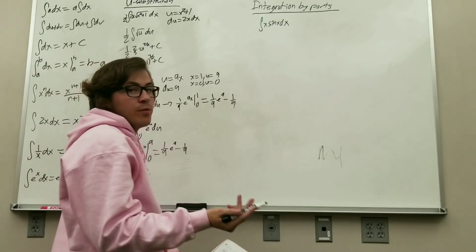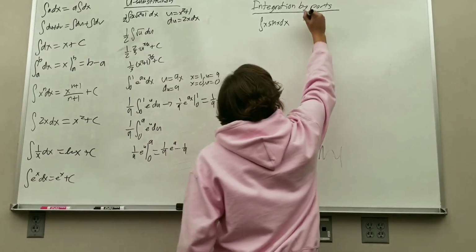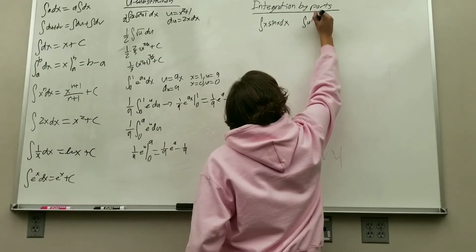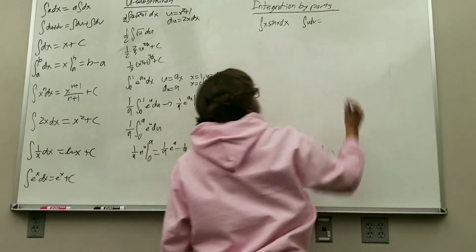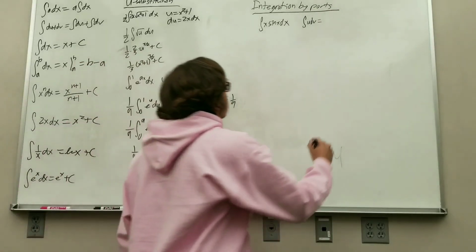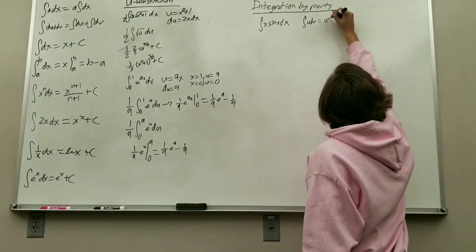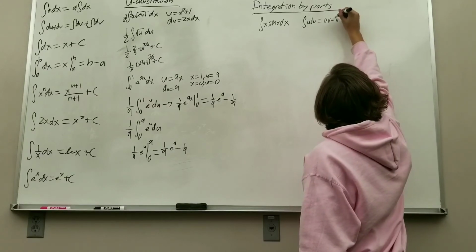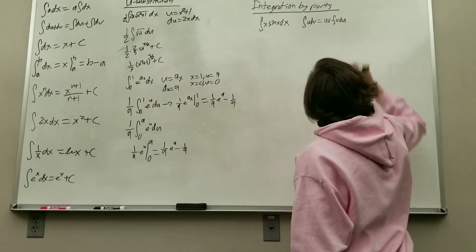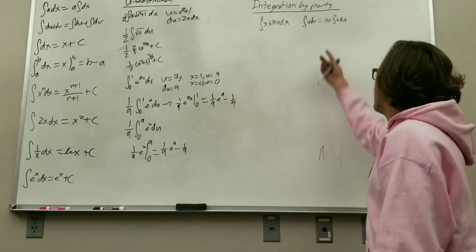And so the general formula for integration by parts: you have the integral of u dv, and this is equal to uv minus the integral of v du. I was taught to remember it because it's ultraviolet voodoo.